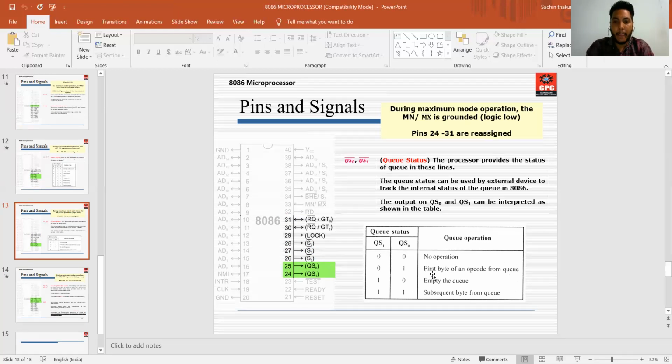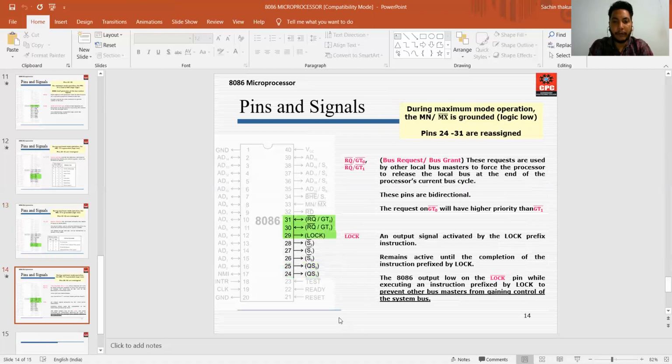Opcode means operation code. If QS1 is at logic 1 and QS0 is at logic 0, it means the queue is empty. If both pins are at logic 1, it means subsequent byte from the queue. So this is the operation of pin number 25 and pin number 24.